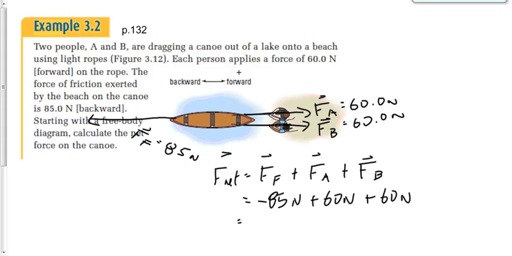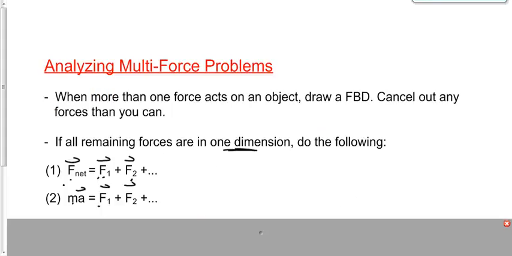And what do I got here? Add these up, ends up being 35, I think, isn't it? 35 newtons. There we go. Listen, if we were looking for the acceleration, then we would have set that equal to M times A, like I said back here, but because we're not, we'll just leave it as F net is equal to the sum of the forces.